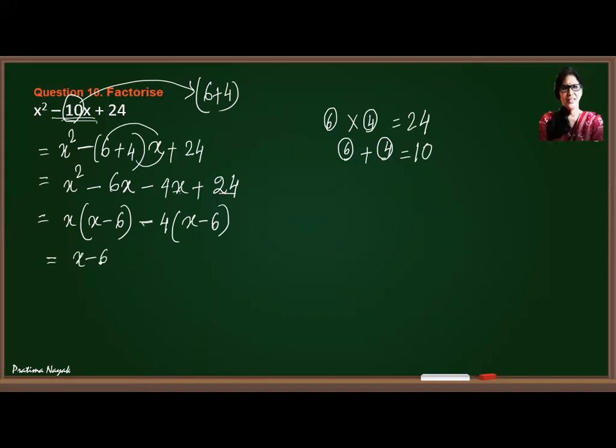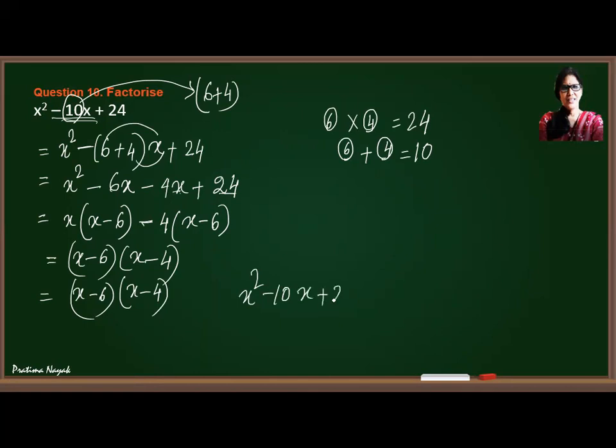I'll take common x minus 6. What will be left? Here x minus 4 is left. So this will be x minus 6 multiplied by x minus 4. So what is the answer? The answer is x square minus 10x plus 24 is equal to x minus 6 multiplies x minus 4.